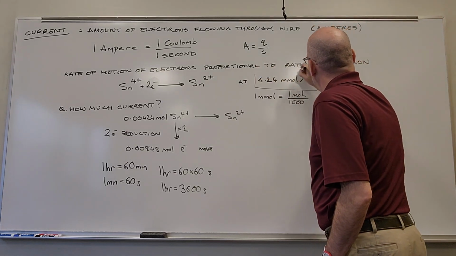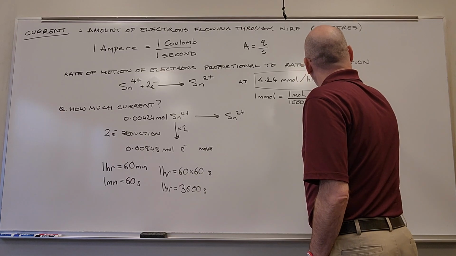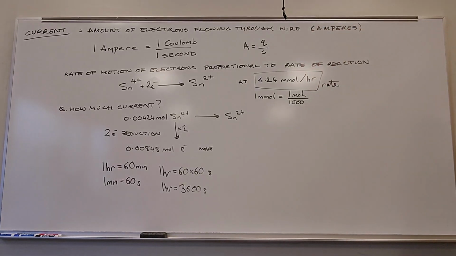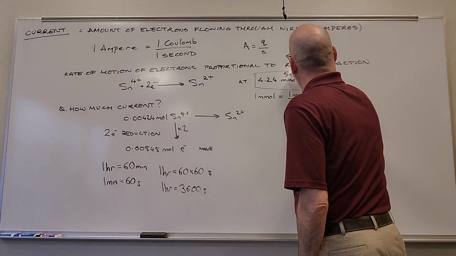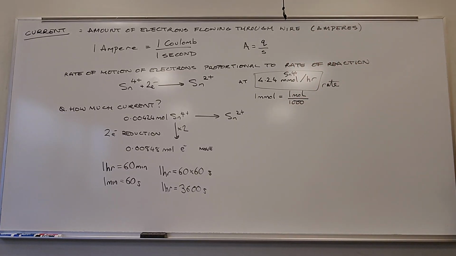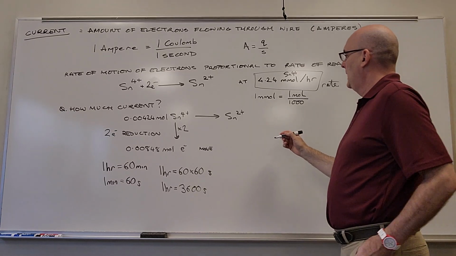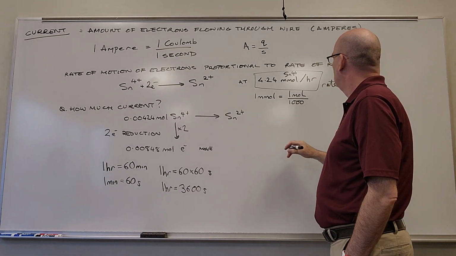This right here is a rate, something divided by time. It is millimoles of tin 4 consumed every hour, or millimoles of tin 2 plus produced every hour. It is a number divided by a time.